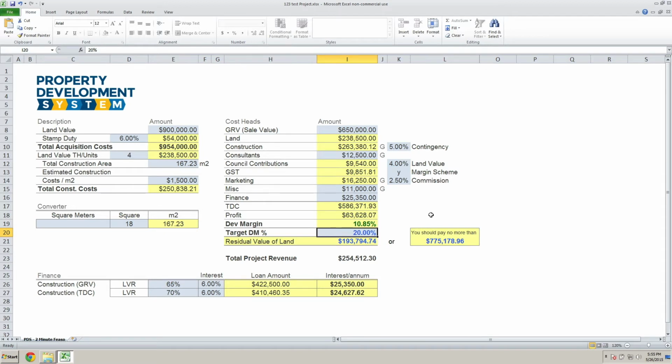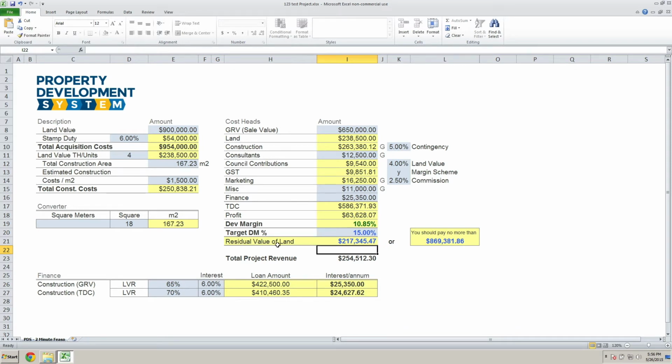If all the other costs and inputs that you've put in are correct, or at least in a good ballpark, you should be saying to yourself, I want to make at least 15% development margin on this deal. So if you type 15 where target development margin is DM, look what it does.